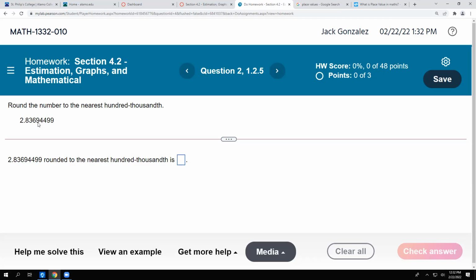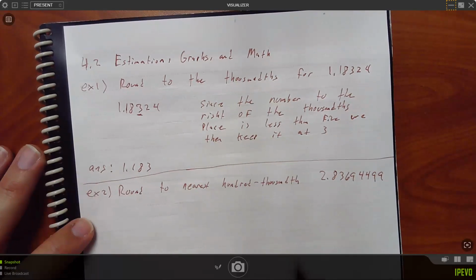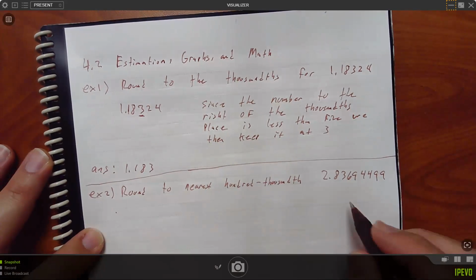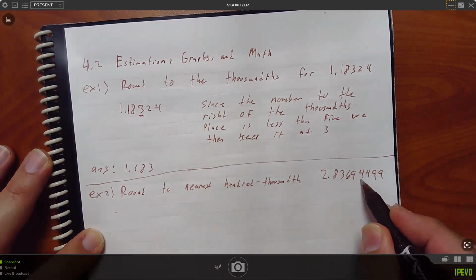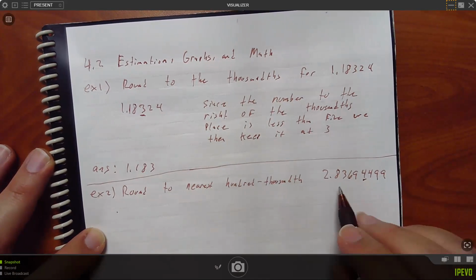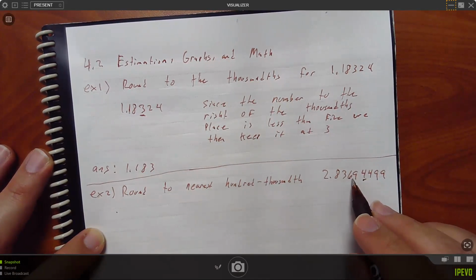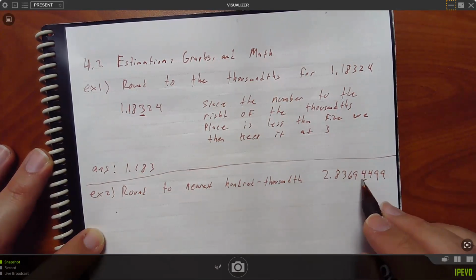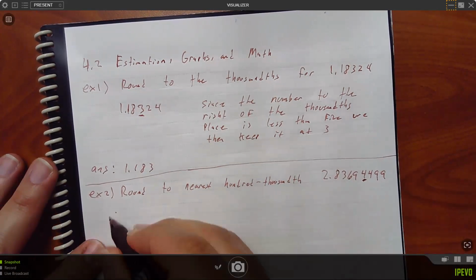$2.83694499. So I'm going to look at the tenths, hundredths, thousandths, 10,000ths, 100,000ths. Oh, so it's actually the 4 right here, 100,000ths.